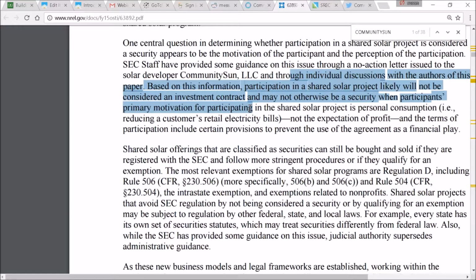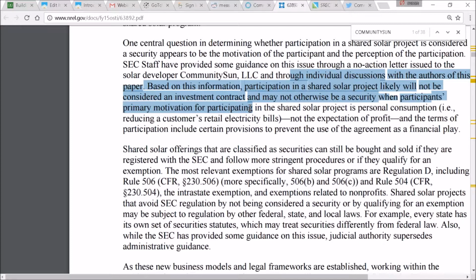In other words, the SEC, National Renewable Energy Labs, all the developers of these community solar projects, they all know that there's very little financial benefit to participate in community solar, and that the participants are not primarily motivated by financial benefit, but instead are looking to help the environment, help local solar, offset their power, not through the utility green choice program, but through community solar participation.